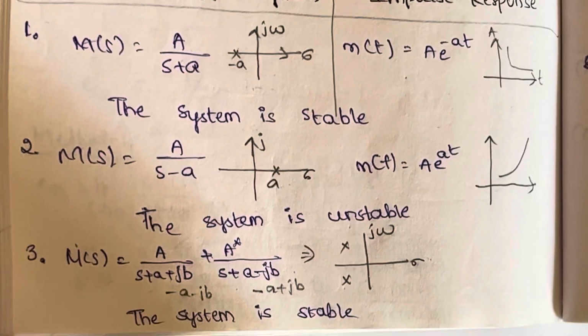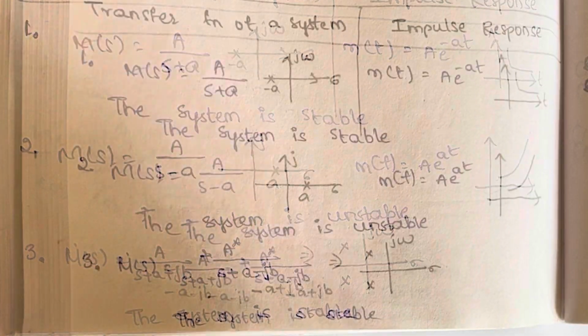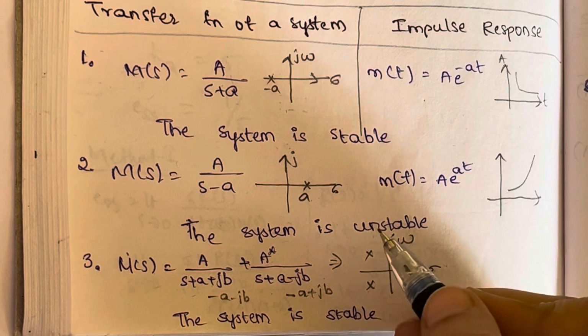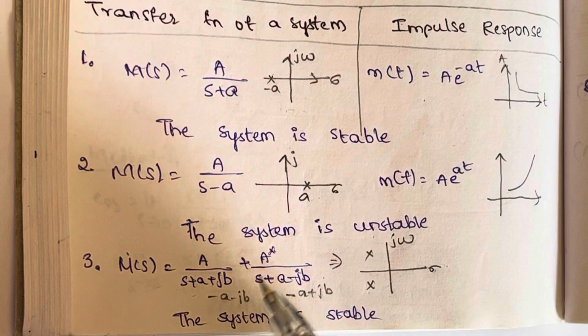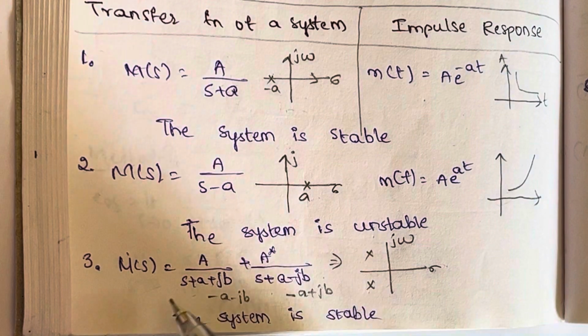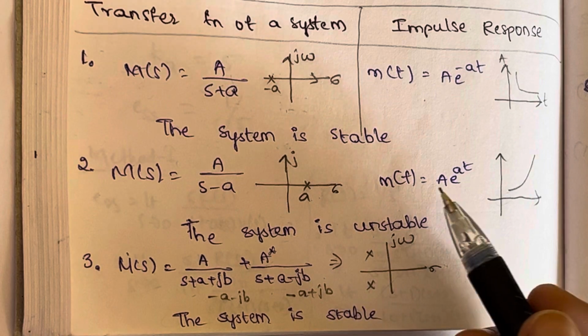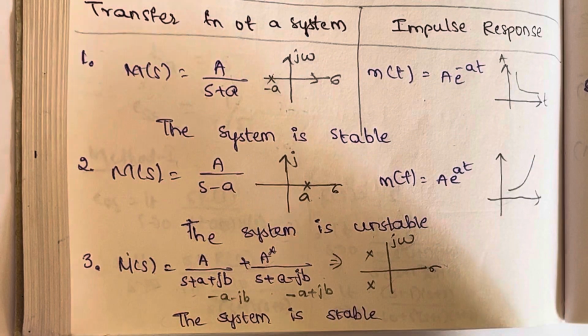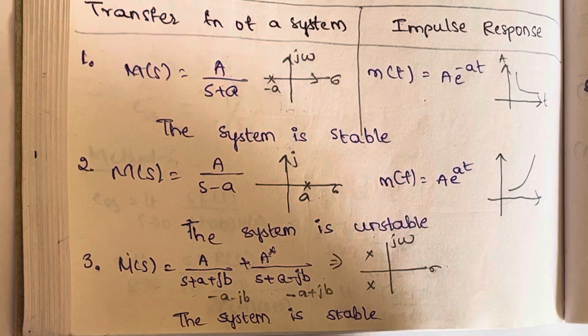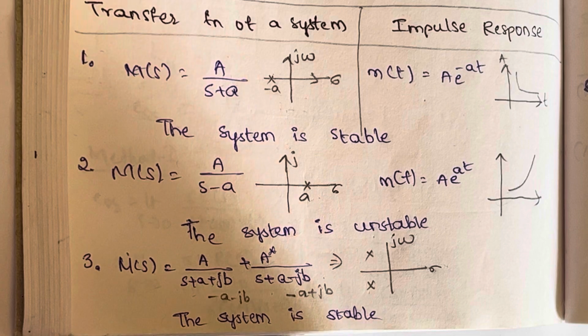Now when you have poles with imaginary and real parts, this is the formula to represent it. When these poles are located in the left side of the s plane, the system is said to be stable.